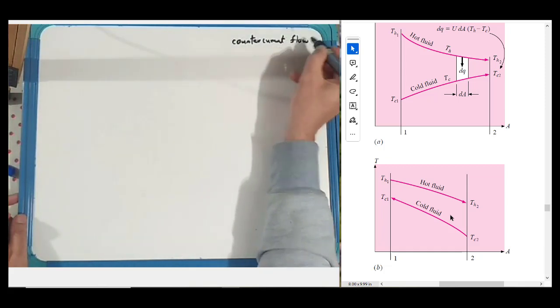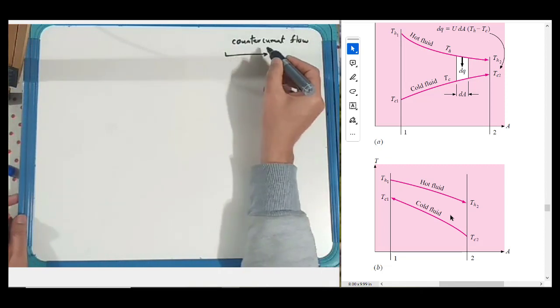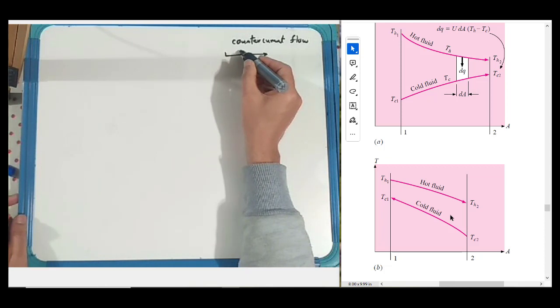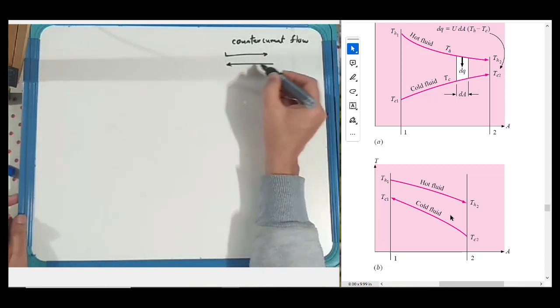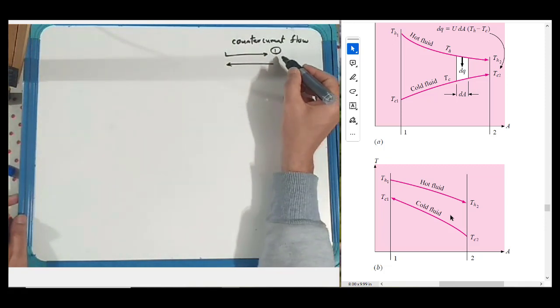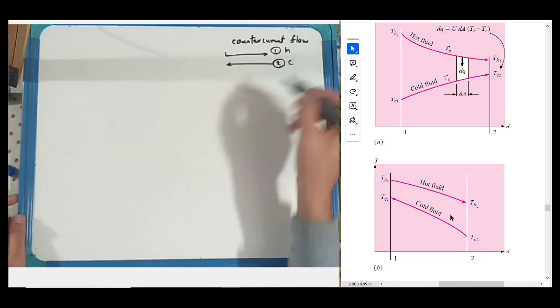It means one of the fluids goes from left to right and the other from right to left, for example hot and cold.